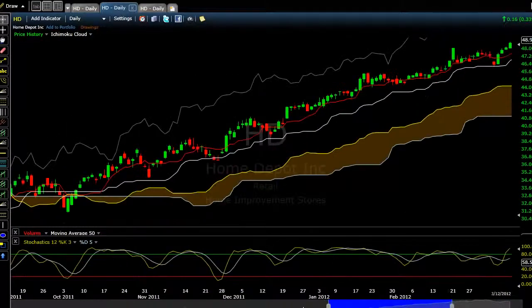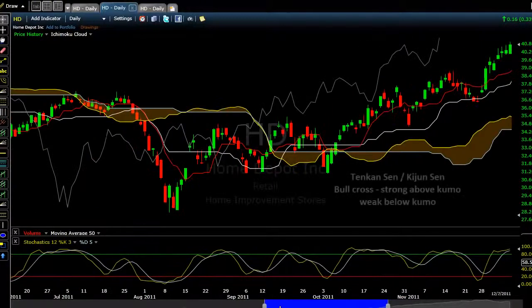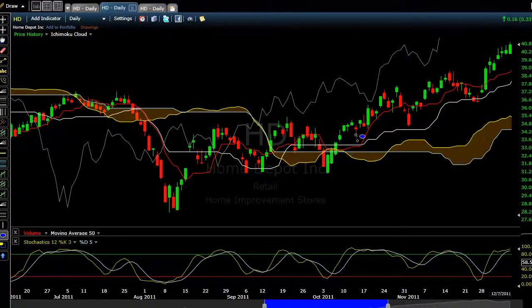If we come back in price here, we can see where we had our first TK cross right here back in October of 2011. The significance of the system is that it's a trend following system, and as such it'll keep you in a trade much longer, because although this is a buy signal here, this TK cross, we also have a Kumo breakout where price moves above the Kumo and closes.